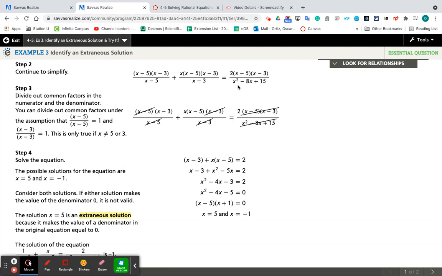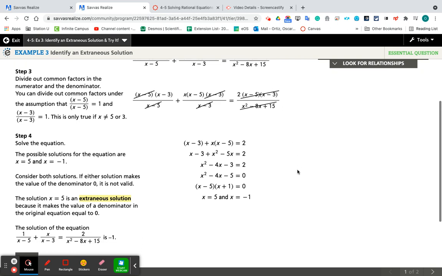Notice also that x minus 3 times x minus 5 equals x squared minus 8x plus 15. So this is a much simpler equation, and we're going to distribute here. X times x is x squared, negative 5 times x is negative 5x, because that's minus there.